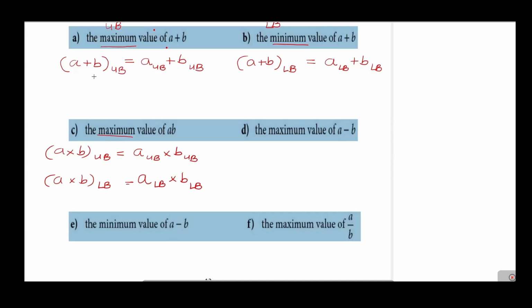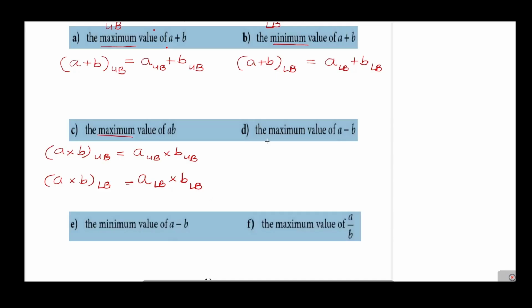If the question says to get the upper bound or lower bound, apply individually same thing, upper bound, or if it is low bound, low bound, low bound. Multiplication also same way. If it is multiplication, you need to get the upper bound of that multiplication, then apply it individually. A upper bound, B upper bound, same way low bound, A low bound, B low bound.